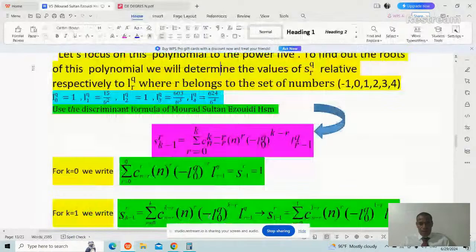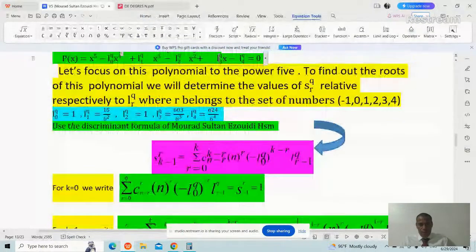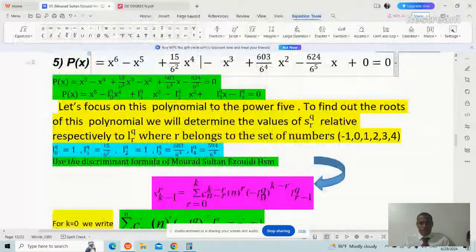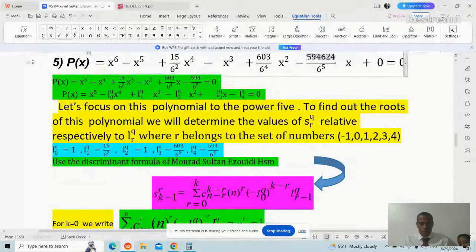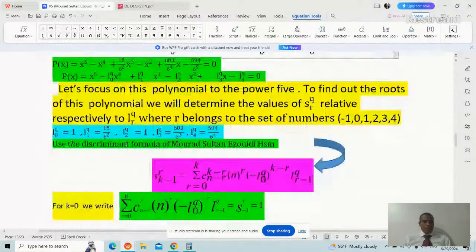Now I reach the whole context. 594. Okay. Now I'll go back to this one.